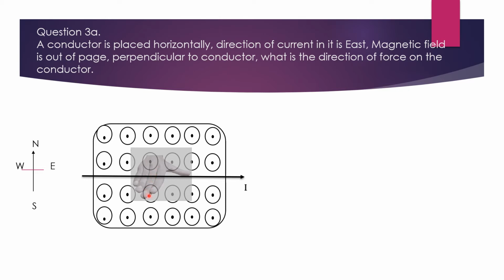The palm will direct the direction of force. Since palm is downward here, the direction of force is also downward in this case, which is the south direction. So the direction of force is toward south. So out of the given options, option C is the correct answer, south.